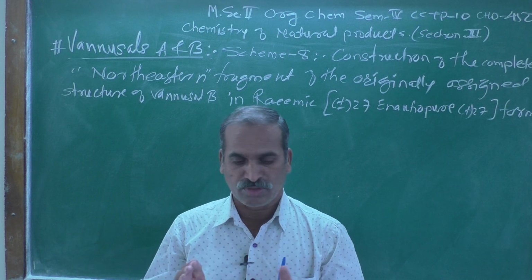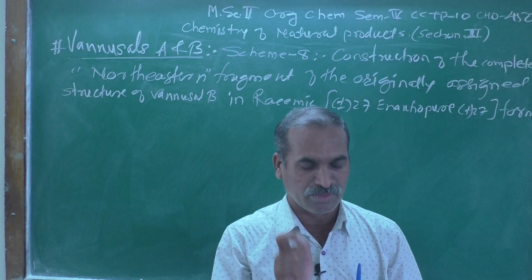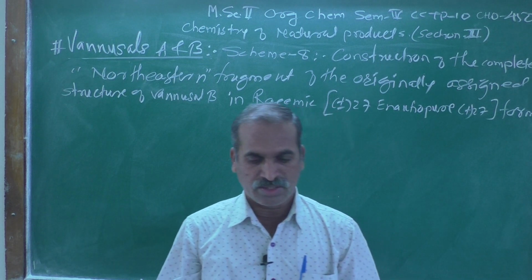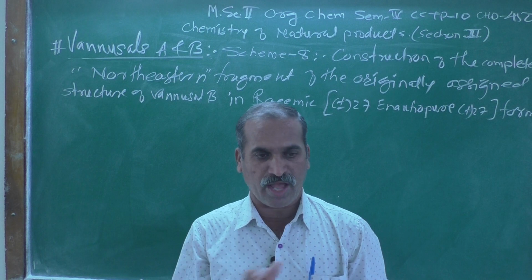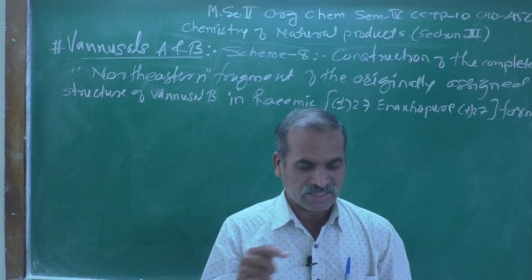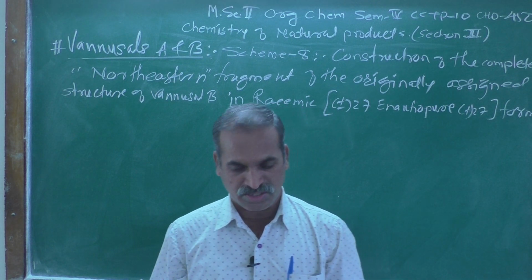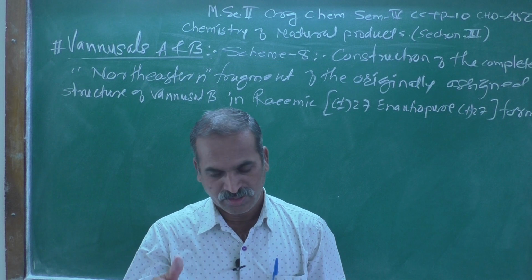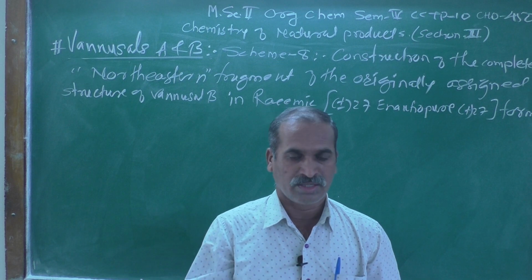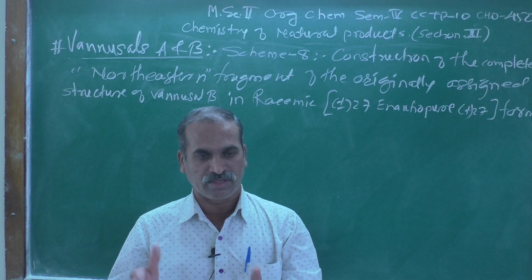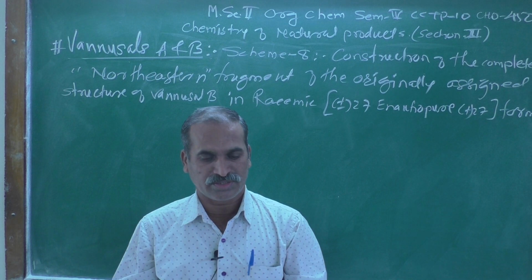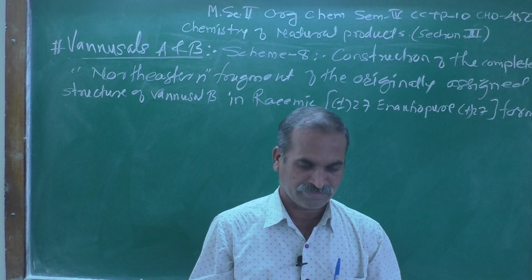Do you remember what we were discussing yesterday? I think we were discussing scheme number 7, which is the construction of the right fragment, that is the DE ring system, which we have discussed in detail using different reagents and conditions.